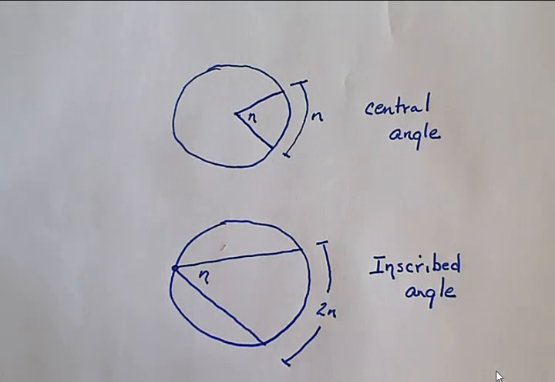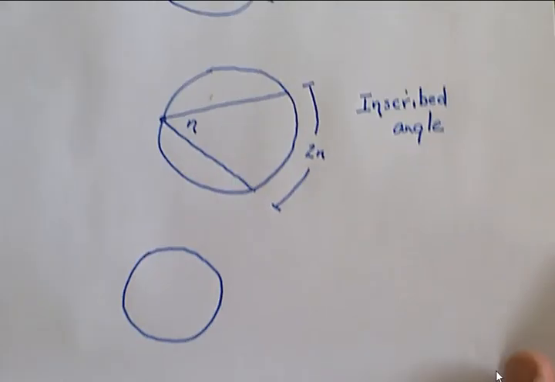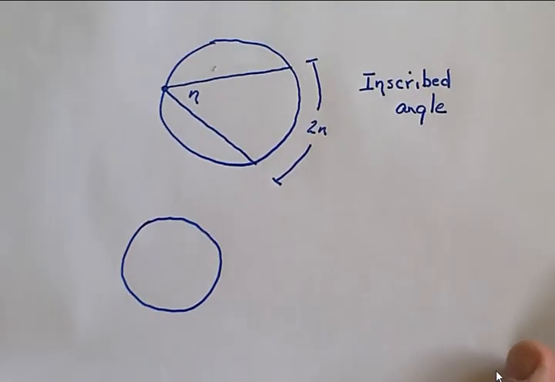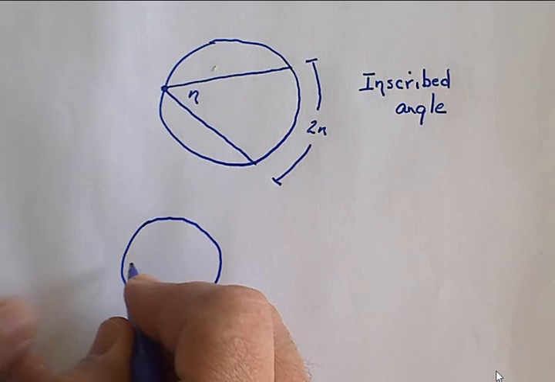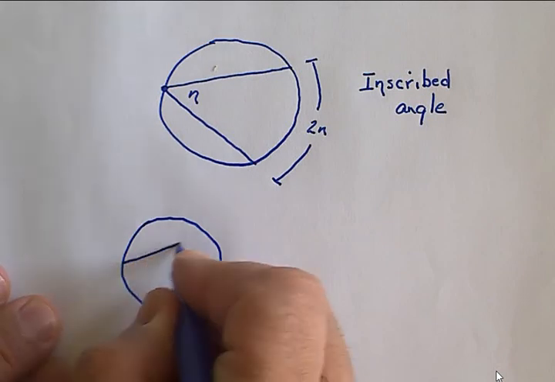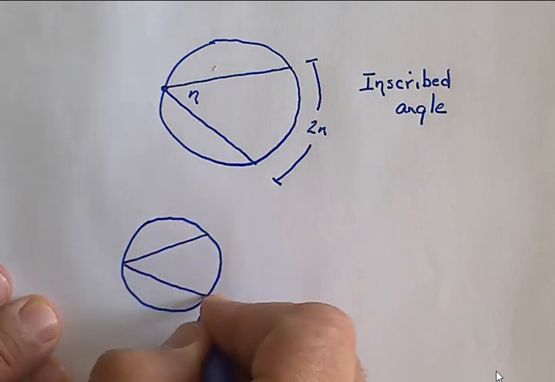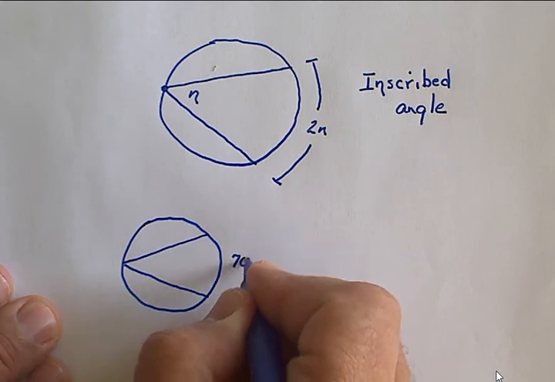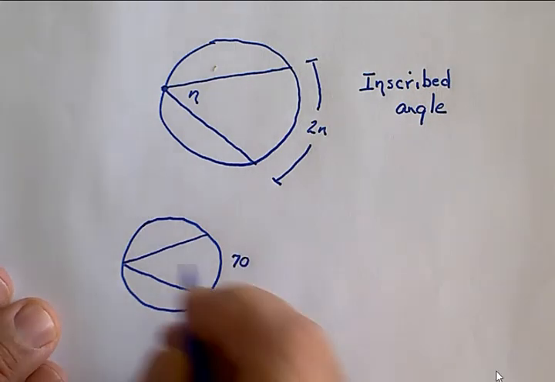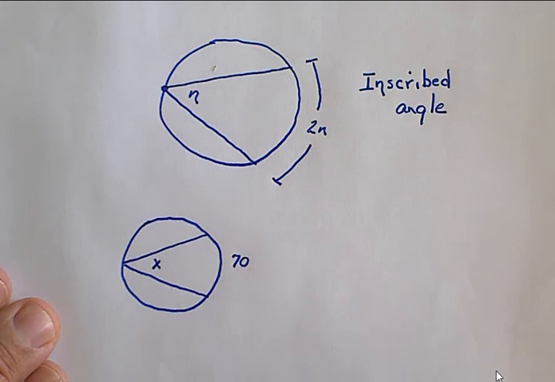So for example, here is a circle. If I tell you that this is 70, then find x. That means that x has to be 35 degrees.